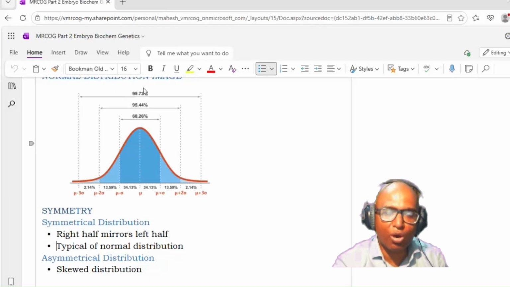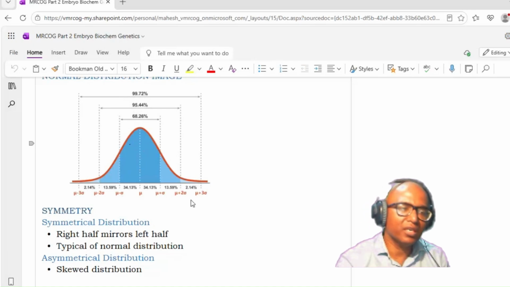You should know all three: between plus minus 1 SD, how much percentage of data; between plus minus 2 SD; between plus minus 3 SD. Roughly remember 68, 95, and 99. These three figures you should know.